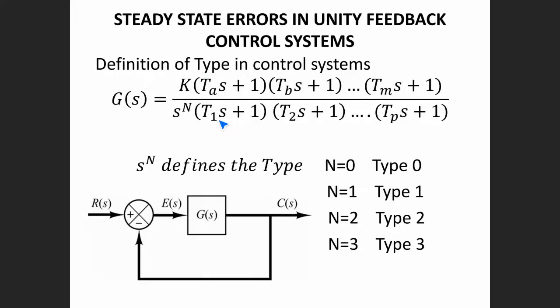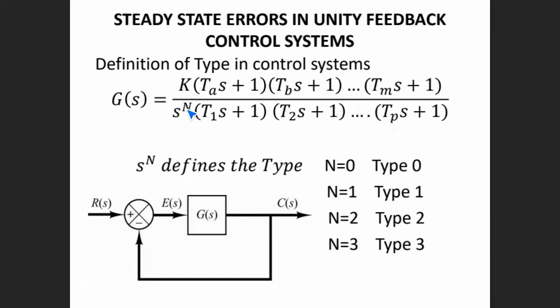And also you have poles. The number of poles is p. But if those are multiplied with a factor s to the power n, your system is defined with the order of n. If n is equal to 0, it is called type 0.